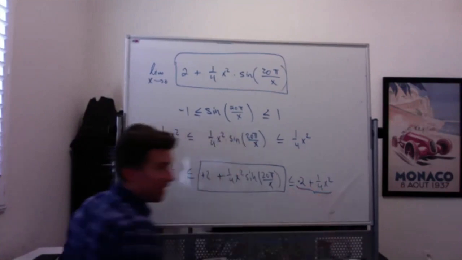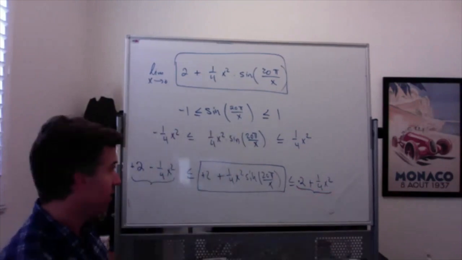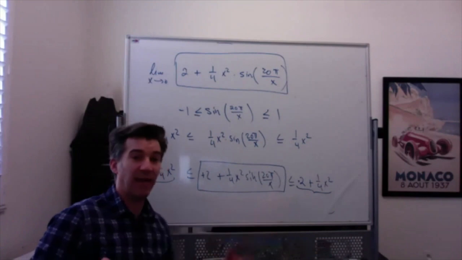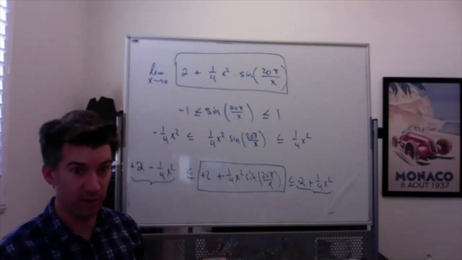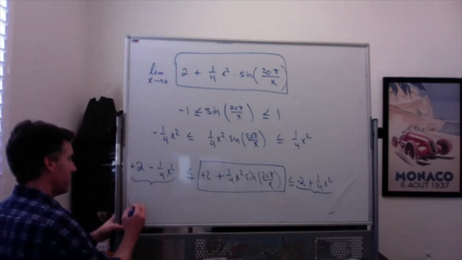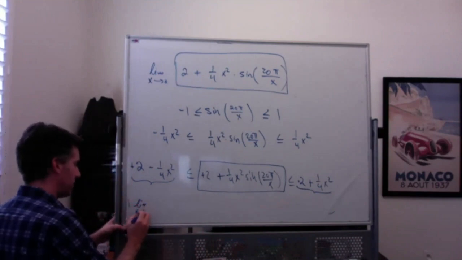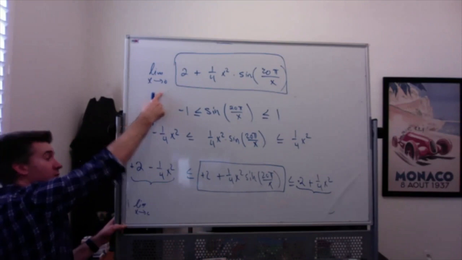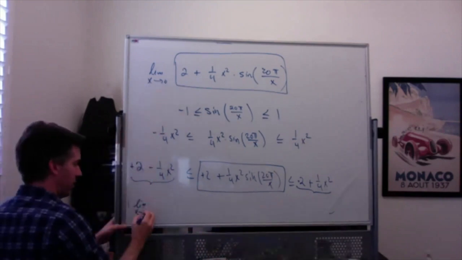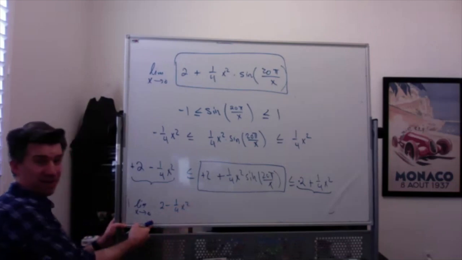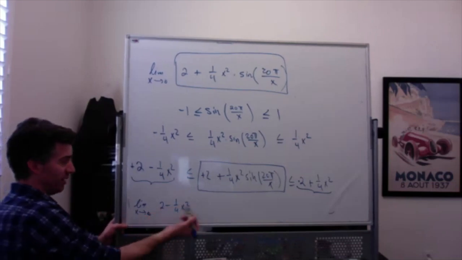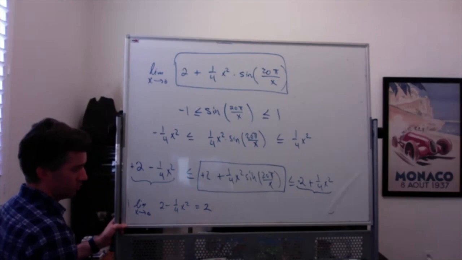And here's what has to happen for the squeeze theorem to work. The limit of this and the limit of this have to be the same. Exactly the same. They can't be different even by a little bit. So the limit as x goes to 0 of 2 minus 1/4 x squared, I'm just going to plug in the 0 and get 2 minus 0, which is 2.